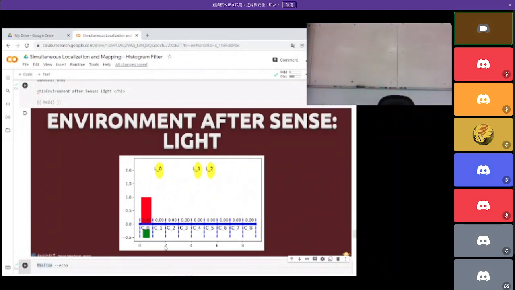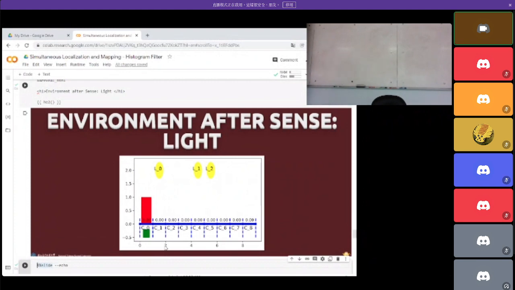So it detects light. Even if it detects no light, which would be the wrong position here, right? It's so sure that it's at this location here that all of those are 0, so it will stay the same, nothing will change. Right?